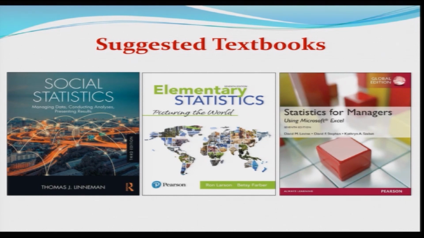It shows you how to use Microsoft Excel to do statistical computation, and I find it very useful because in this course we are also going to see how Microsoft Excel could be used for statistical computations. Of course, there are other textbooks available, and you are free to choose any one of them and read.